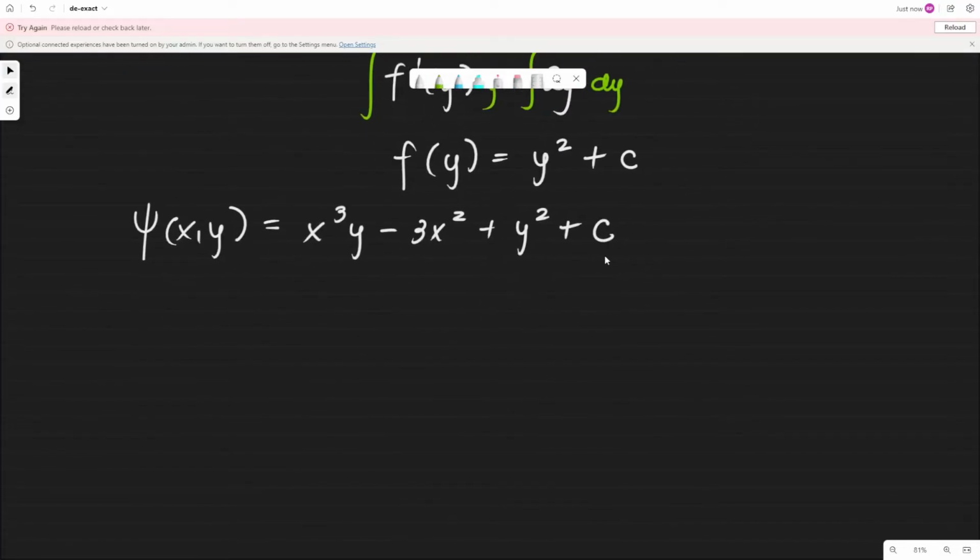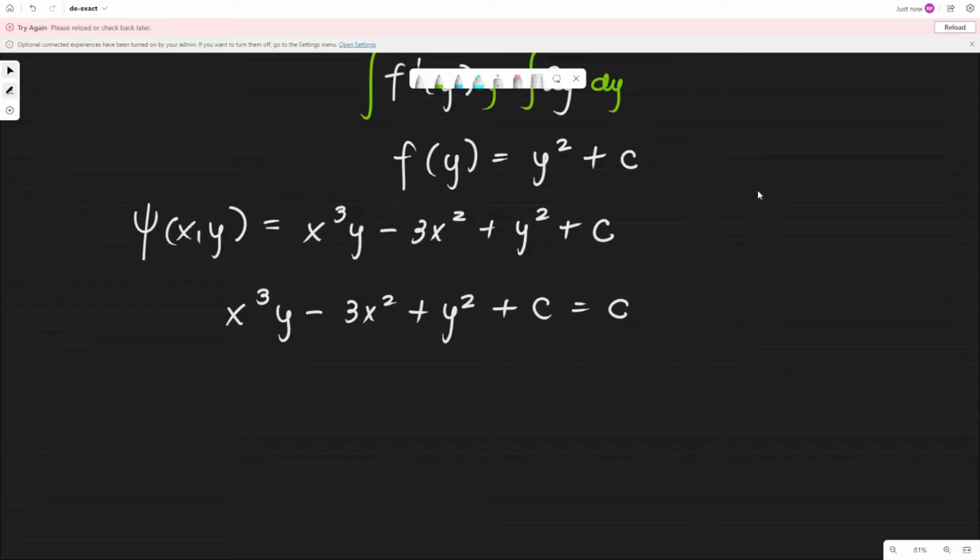But this is not the final answer kasi yung psi of xy is just a representation. So we're going to express this as equal to c. So we will have just simply x cubed y minus 3x squared plus y squared plus c is equal to c.